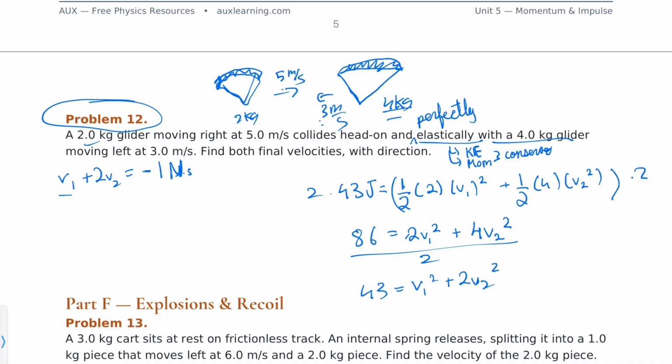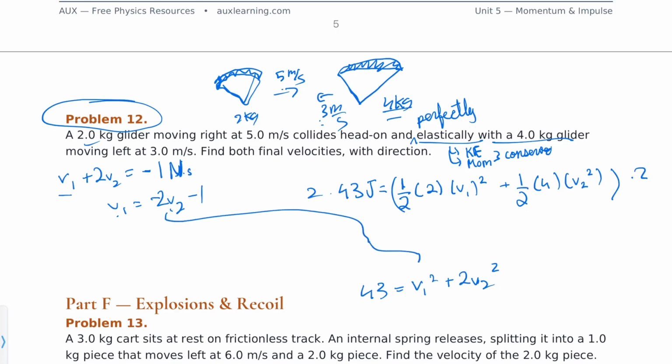And then we can just substitute in one of these equations. So let's say first I want to find v2. So we can just substitute this in for v1. Okay, so 43 is equal to negative 2v2 minus 1 squared plus 2v2 squared.